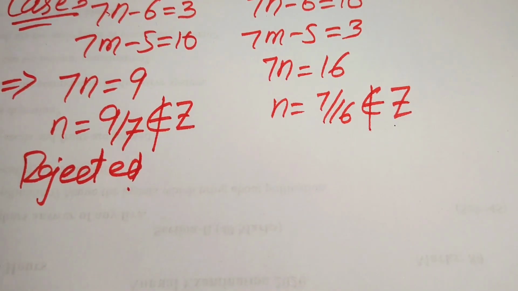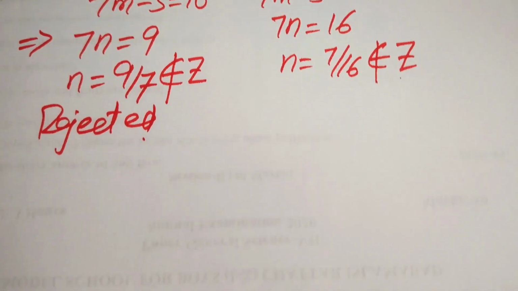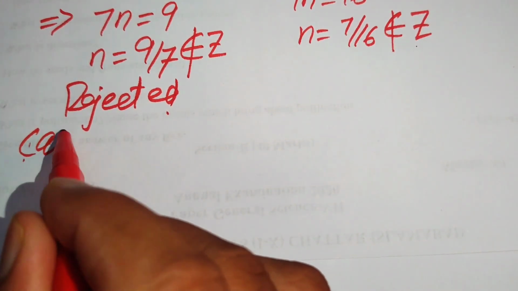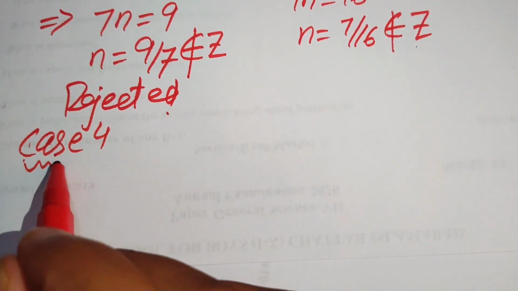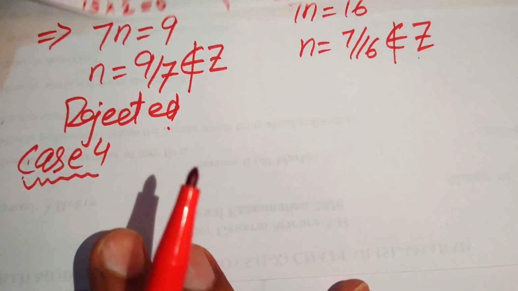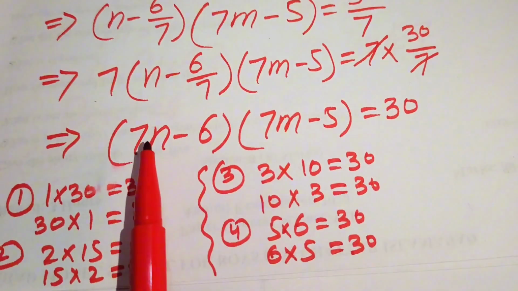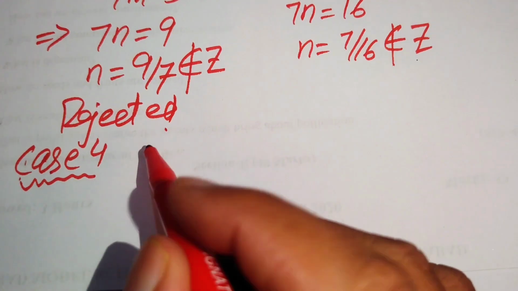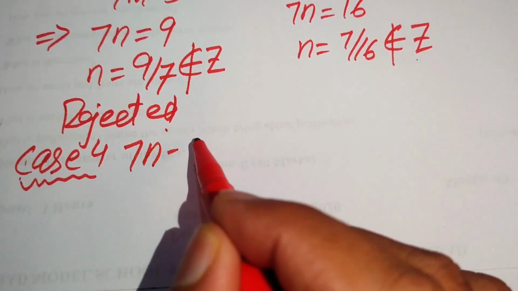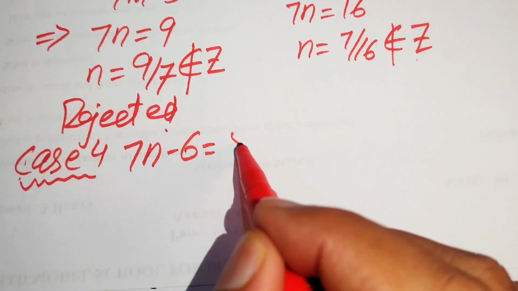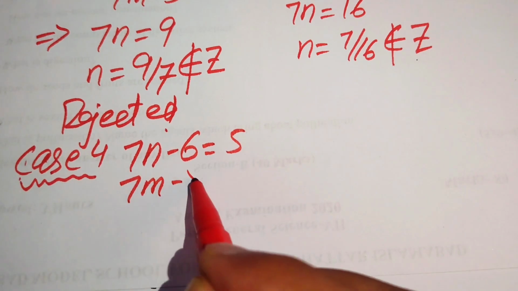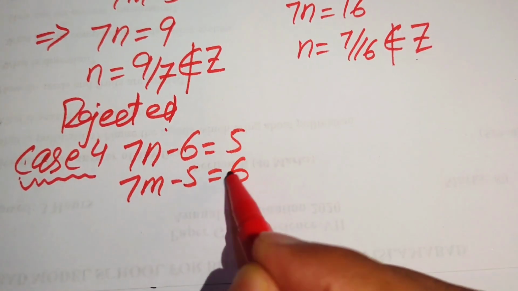Now we move towards our case number 4, and in case number 4 we have the values 5 and 6. So we compare these two factors with 5 and 6. When we compare, it will be written as 7n minus 6 equals 5 and 7m minus 5 equals 6.